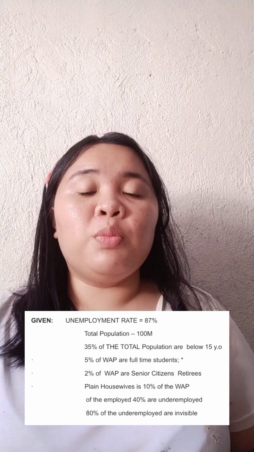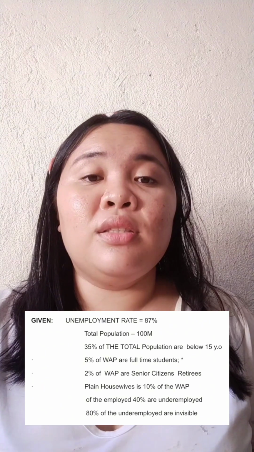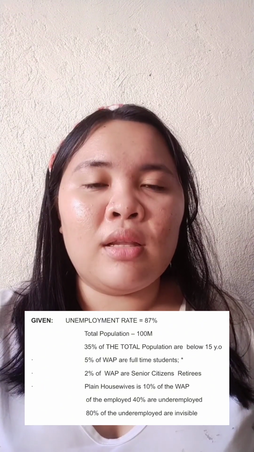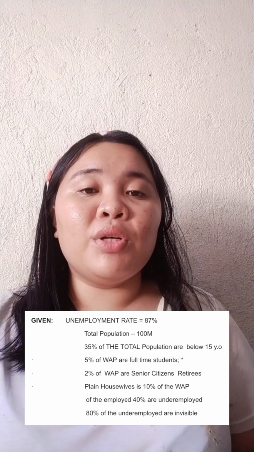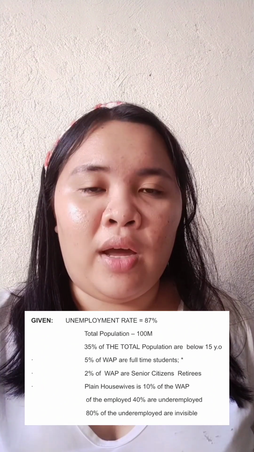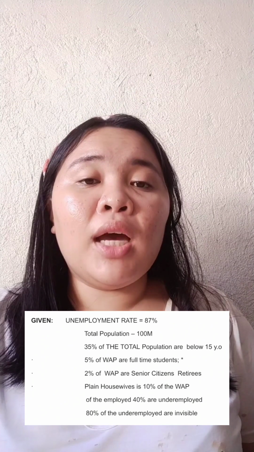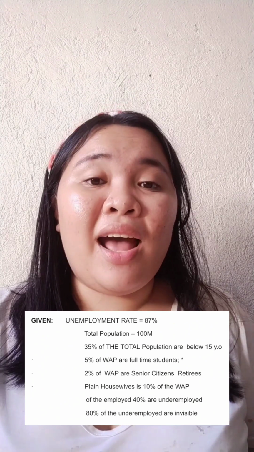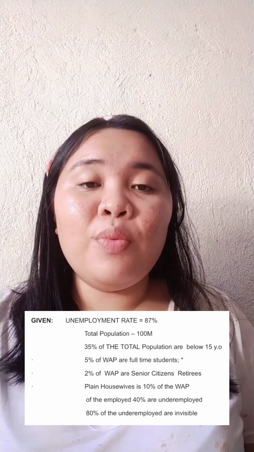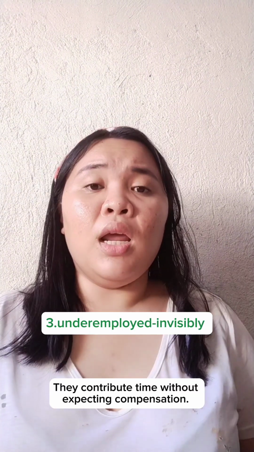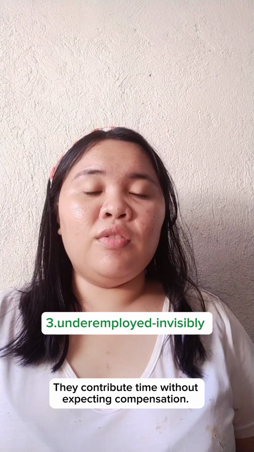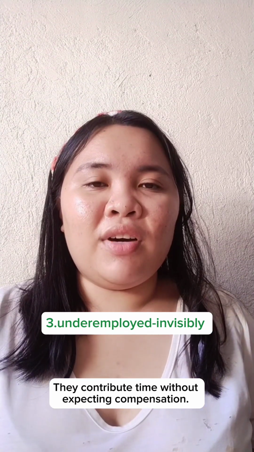In the working age population, 5% are full-time students, 2% are senior citizen retirees, and 10% are plain housewives. Now, out of the employed, 40% are underemployed, and 80% of the underemployed are invisible.